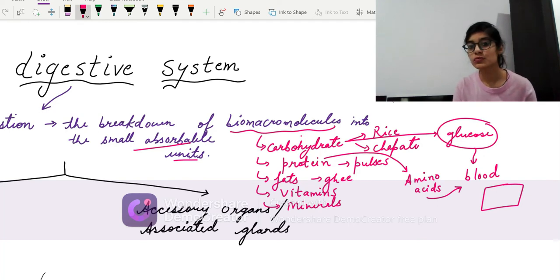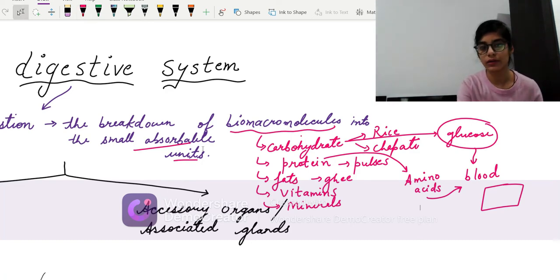So we have to break down proteins into amino acids first, then the amino acids are absorbed into the blood through our small intestine. So the breakdown of biomacromolecules into small absorbable units is known as digestion. And this word digestive comes from this digestion only.